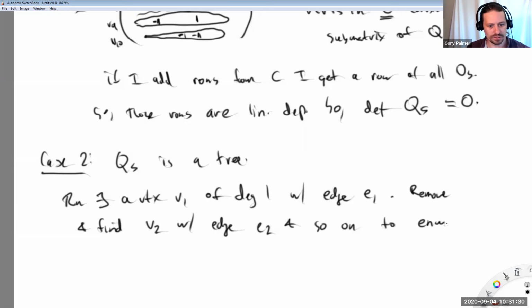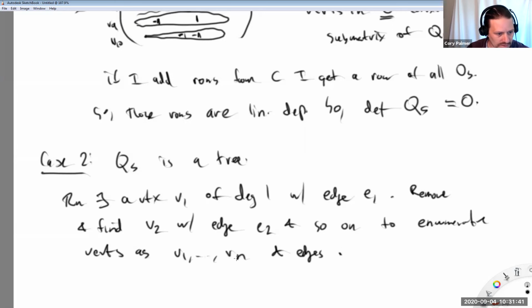To enumerate vertices as v1 up to vn and edges. Let's say we enumerate all the way up to vertex vn minus 1. At the end, you have one vertex, and this doesn't actually apply anymore. The vertex vn at the end has degree 0, so there's no special edge for it anymore. And this gives you edges e1, e2, all the way up to en minus 1. Remember, a tree has n minus 1 edges, so we remove one edge at a time.